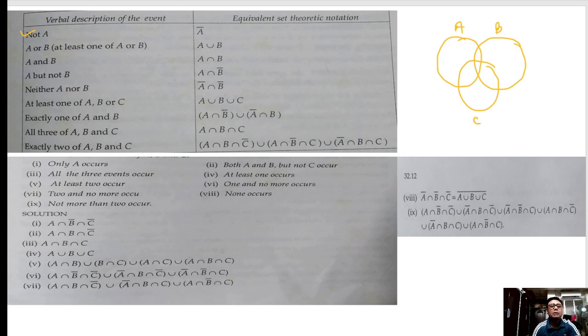Not A would suggest that this is the portion which is not A. That means you will not choose A, you will choose only this portion. This means not A, and this is how you show it. Clear?